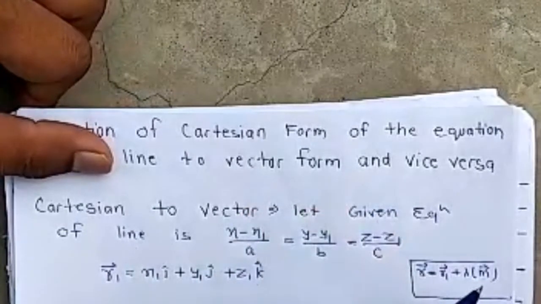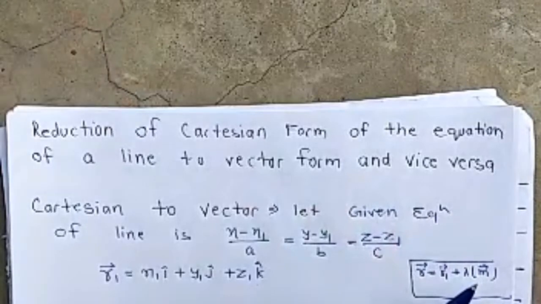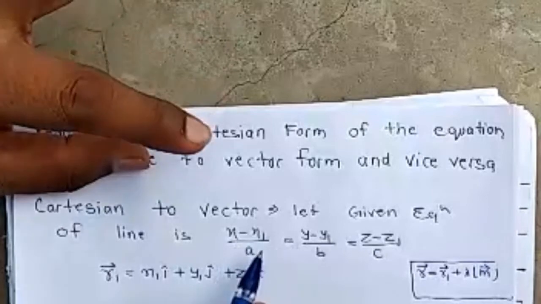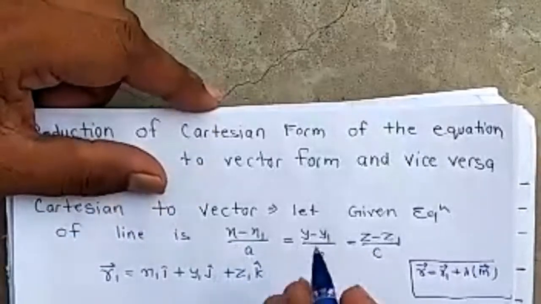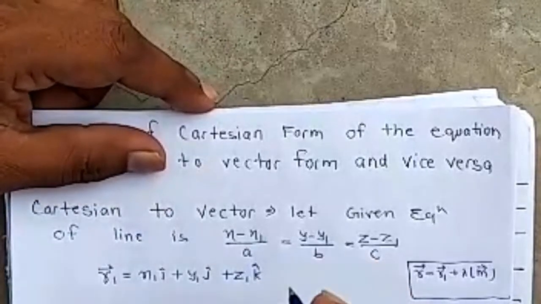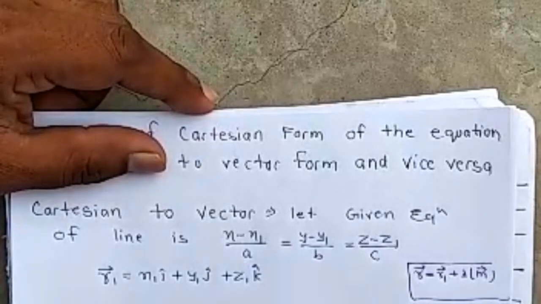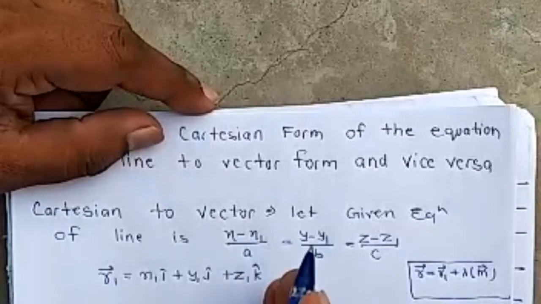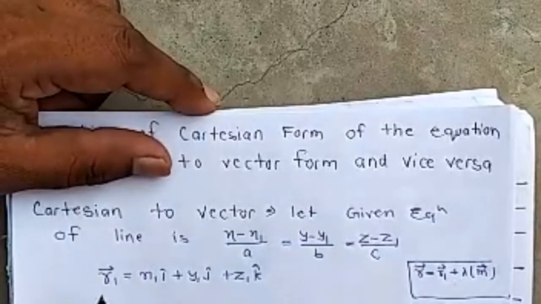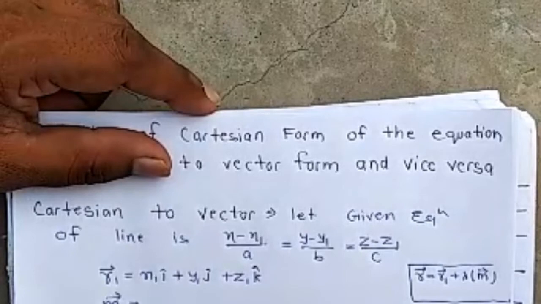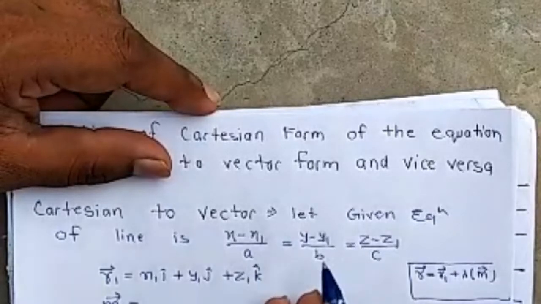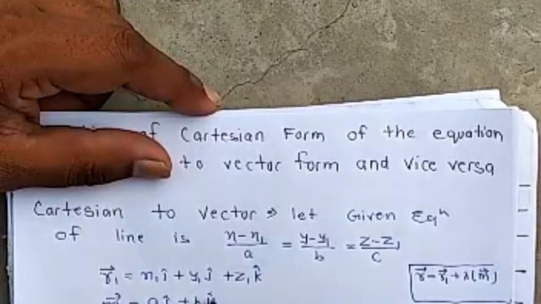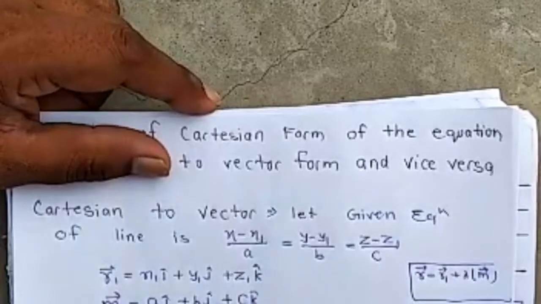Again, m vector is a vector which is parallel to the given line. Now since we know that parallel lines have equal direction ratio, then direction ratio of the given line is equal to direction ratio of m vector. Means m vector can be written as, direction ratio of m vector is a, b, c, means ai cap plus bj cap plus ck cap.